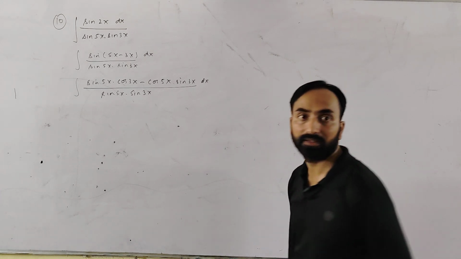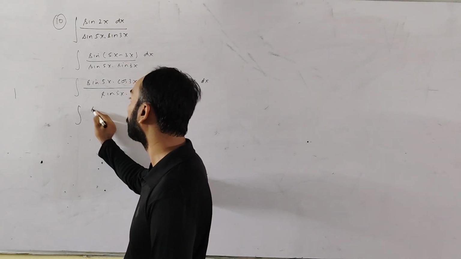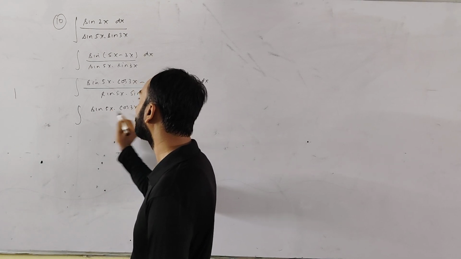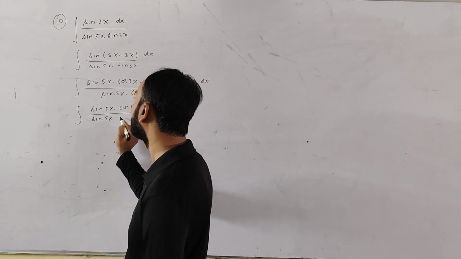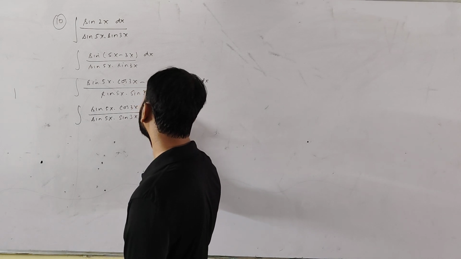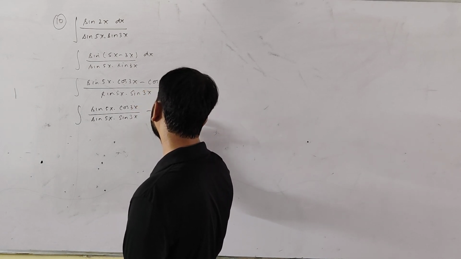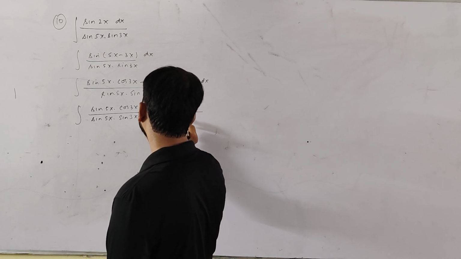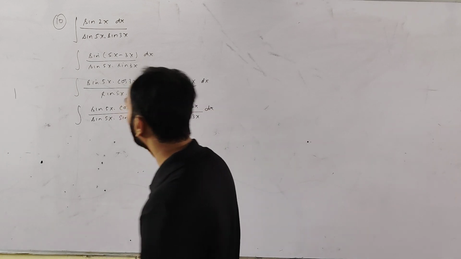Okay, now just see what we have. I can write this into two parts again: sin 5x into cos 3x divided by sin 5x into sin 3x, minus cos 5x into sin 3x divided by sin 5x into sin 3x dx, correct?